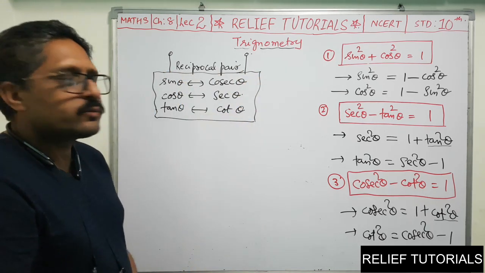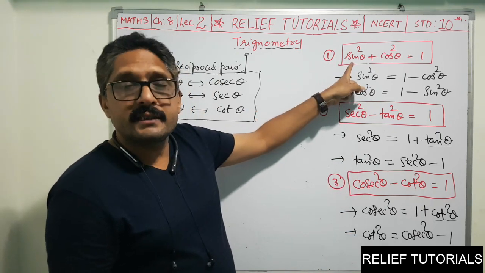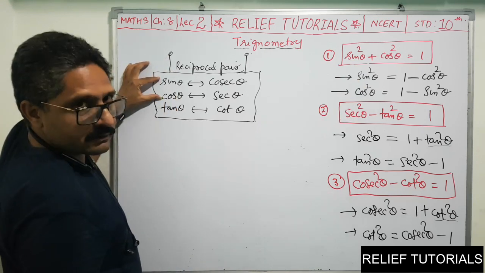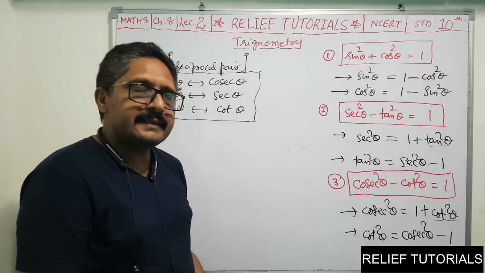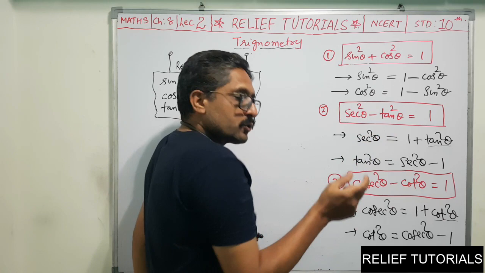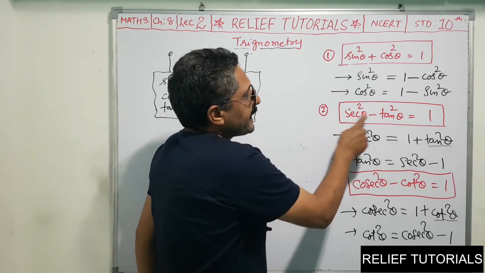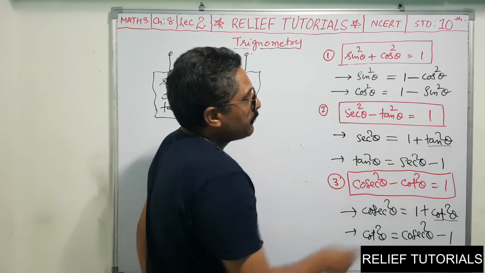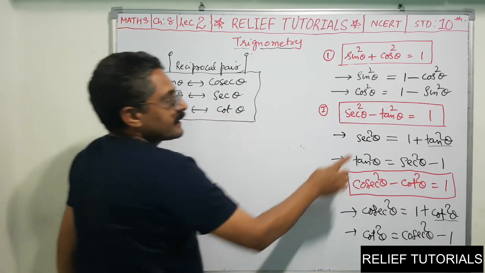Three more identities, very important identities. Sin square theta plus cos square theta is equal to 1. See, two basic ratios I told you, sin and cos. The second identity is sec square theta minus tan square theta is equal to 1. You have to remember that in this identity, the pair of sec is tan, the pair of cosec is cot, and both tan and cot, these last ratios, are negative.